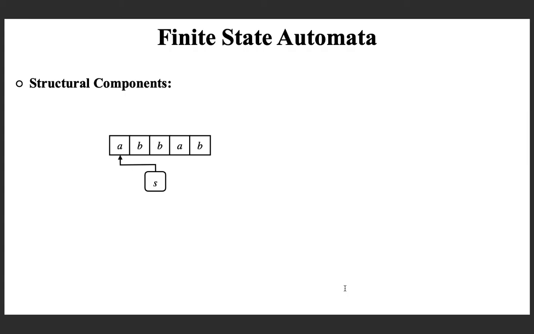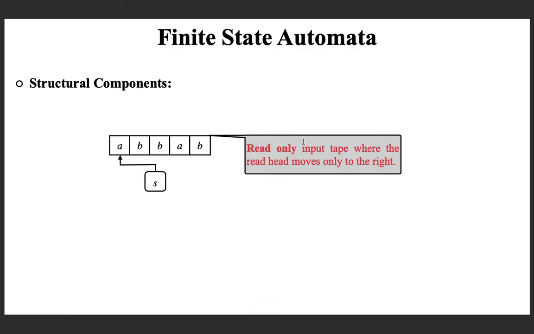There are only two components. The first one is the read-only input tape, where the read head moves only to the right. So we have a finite length input tape, and the number of cells that we are going to use is the length of the input string, and the read head can only move to the right.